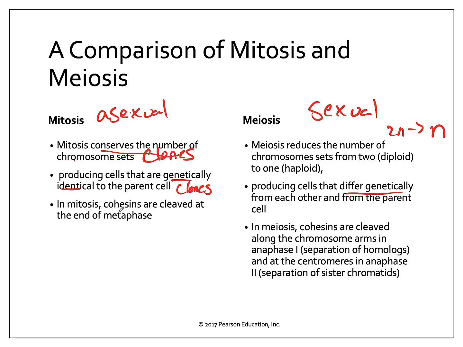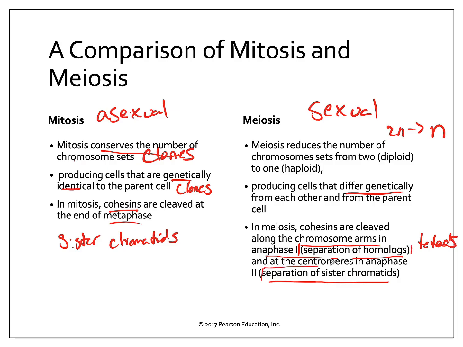In mitosis, we have the cohesins cleaved apart during anaphase. This means that we're separating sister chromatids. In meiosis, anaphase 1 separates homologs, those tetrads, whereas meiosis 2 is going to separate sister chromatids. This is something that you absolutely should know.